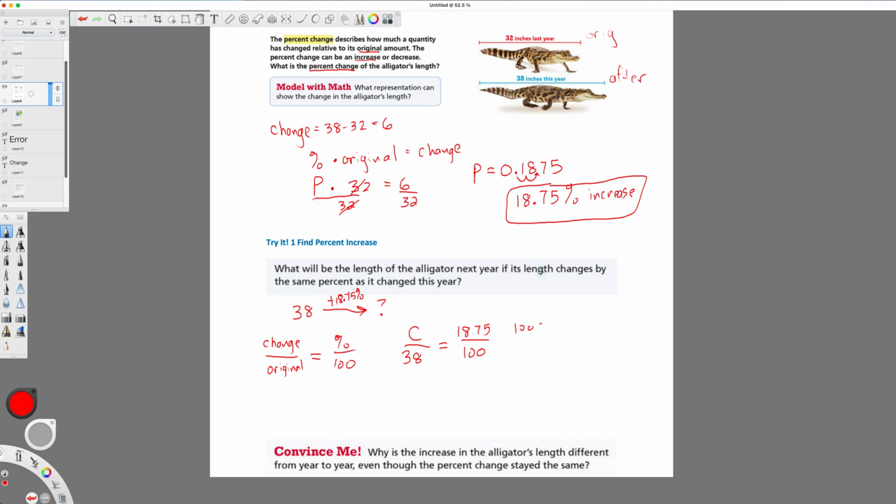I'm going to step through that process pretty quickly. 18.75 times 38, and then we'll divide by the 100 because that's our coefficient, the number in front of our variable here. So then I'm just going to do 18.75 times 38 divided by 100, and I got 7.125. C equals 7.125.